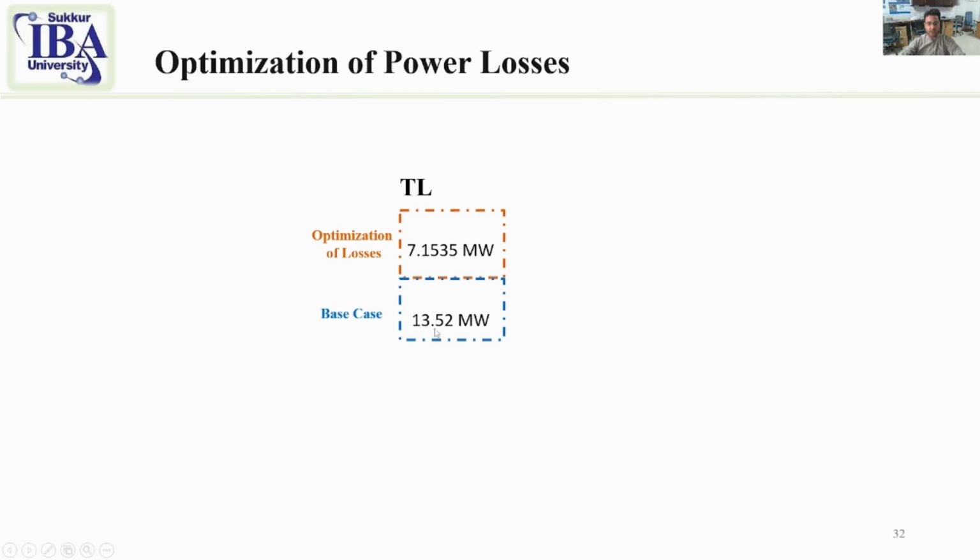In base case it is 13.52. So for the first time we get the most reduced value here for the losses. So now the current might be increased or the voltage might not be that much improved, but we don't have any concern. We just give command for the losses only, which shows quite impressive result here.